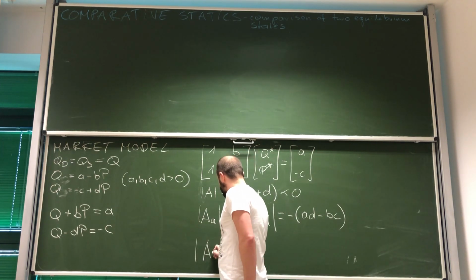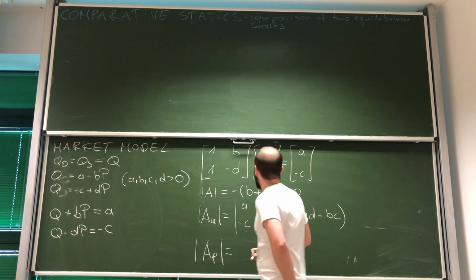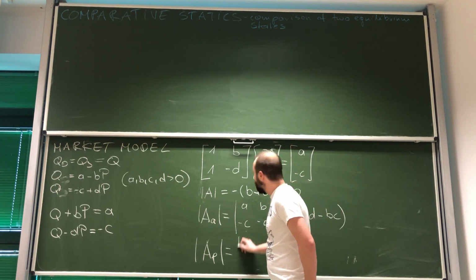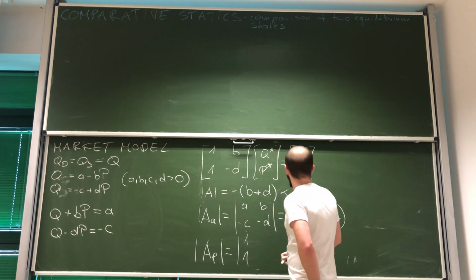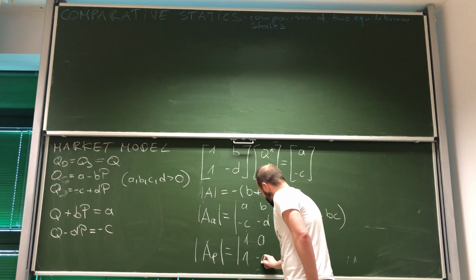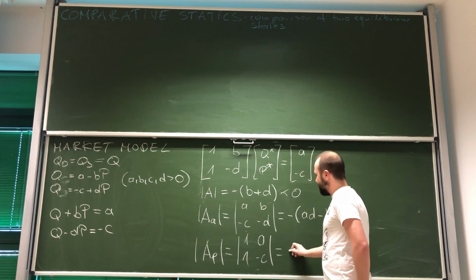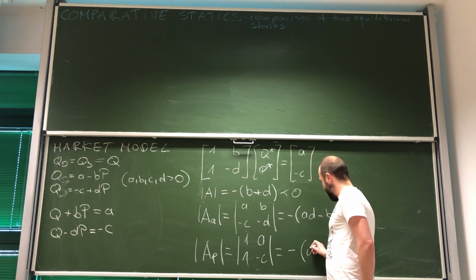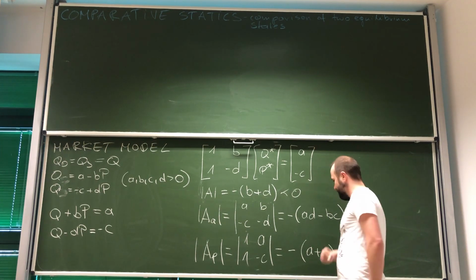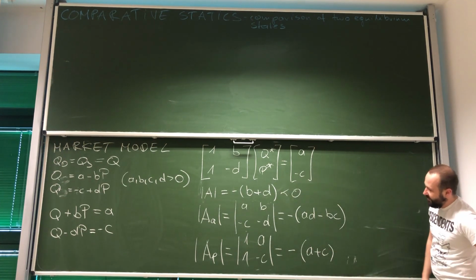And then we calculate AP. This is again going to be very easy because we've got 1, 1, a, minus c. So we've got that this is negative a plus c, right?